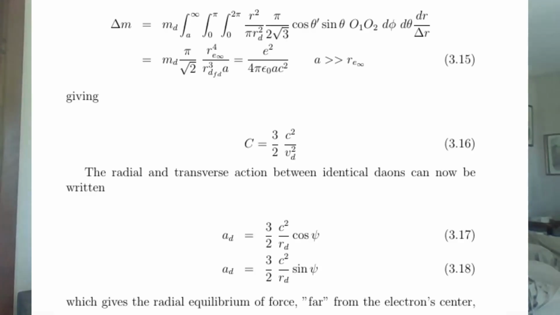And this constant is the constant in front of the interaction between daons. So you can rewrite the interaction between daons in a more precise way, as you see in these equations here. So 3 r for c squared divided by the radius of the daon times the cosine psi.